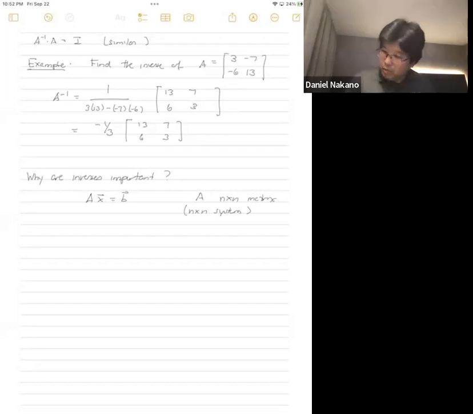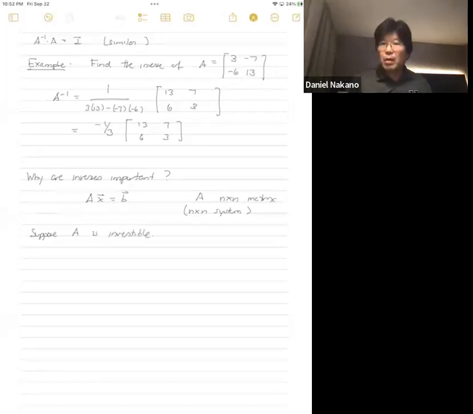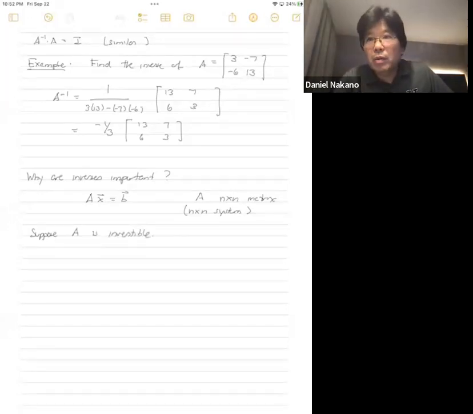All right, so suppose we have an inverse. Just like the problem at the end of last time, I can hit on both sides with the inverse.